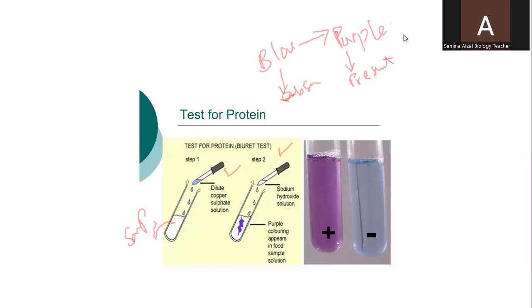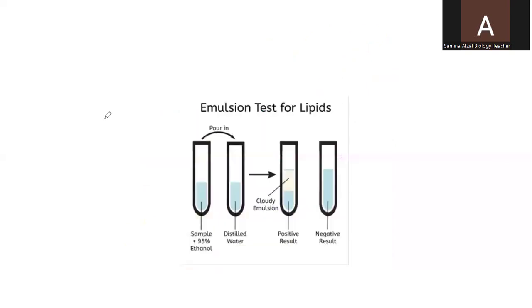Now I would like to move towards the last test, which is the emulsion test for lipids. In this case, to the sample solution we will first add 95% ethanol and shake thoroughly.